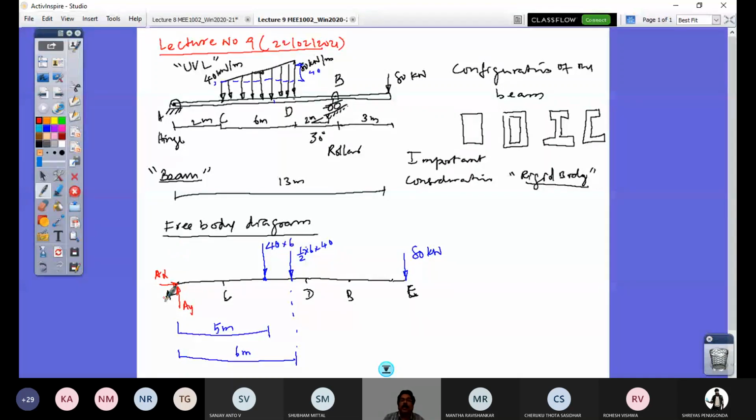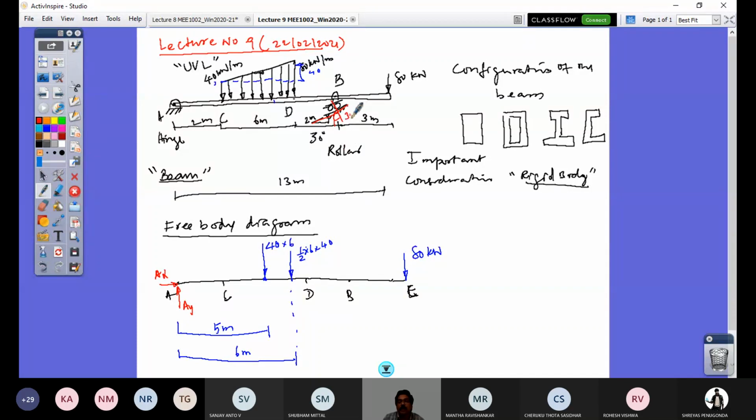And then reaction at point B. Now see the slope over which the roller is mounted is 30 degrees. So the normal here is the direction of my reaction, and that would have a direction to the vertical of the same angle, 30 degrees. That's what we have seen in the earlier classes.